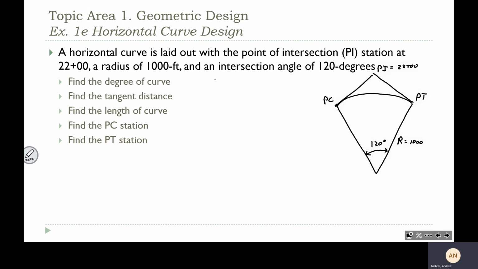Okay, so first we're asked to find the degree of curve. What is the equation for degree of curve from the previous slide, and what given value can be used for that?